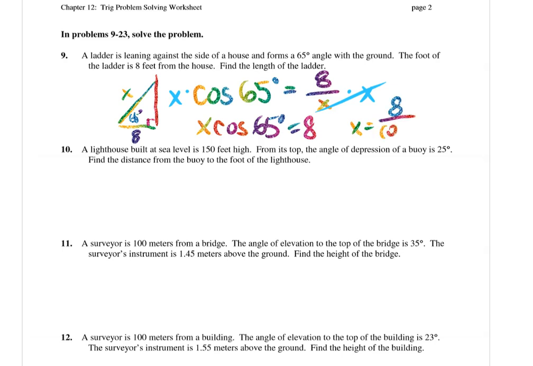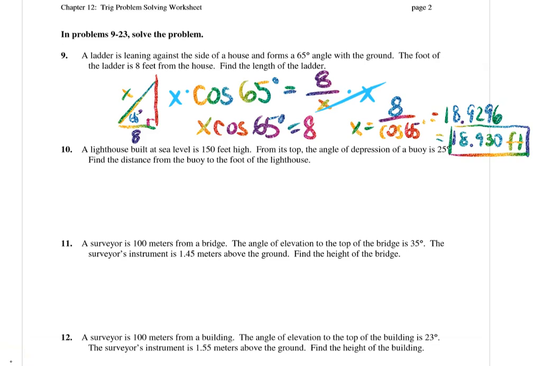So 8 divided by the cosine of 65 degrees in the calculator ends up with 18.9296, but if we're doing 3 decimal places, it'll be 18.930. And that was in feet. So our ladder is 18.93 feet long.